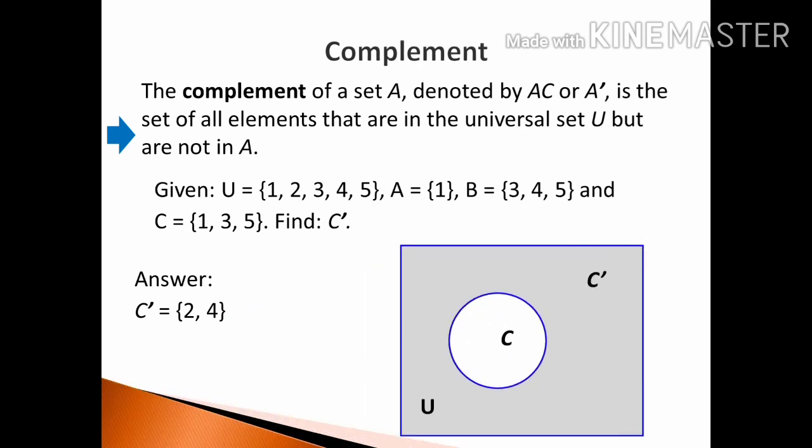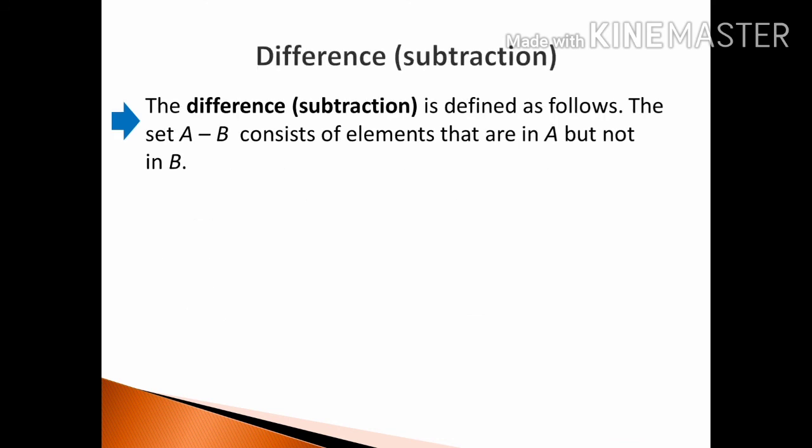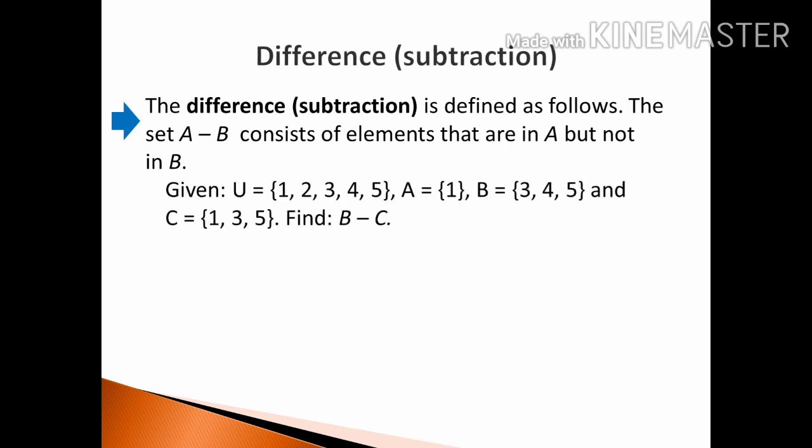In the diagram, we observe that the shaded region is outside of set C, or the shaded region in the universal set. The last operation on sets is the difference, or set difference. So the keyword is different. You're going to see what is different in the first set that is not present in the other set.